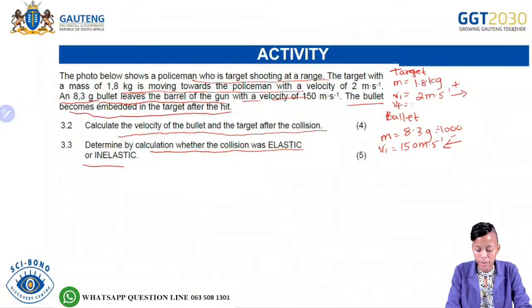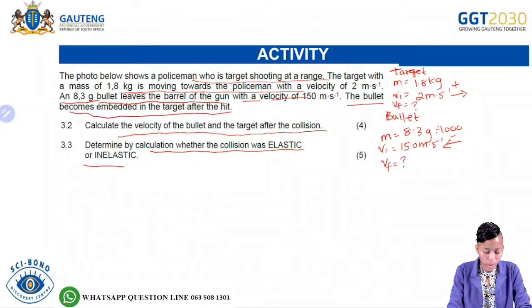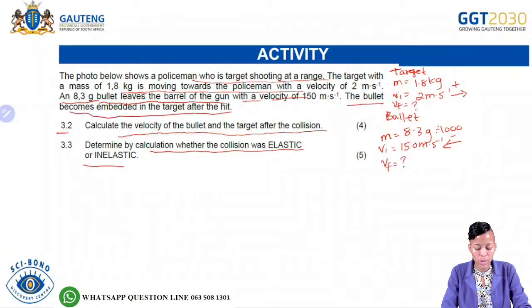We do not have the final velocity of the target, and we also do not have the final velocity of the bullet. Okay. 3.2 now says calculate the velocity of the bullet and the target after the collision.